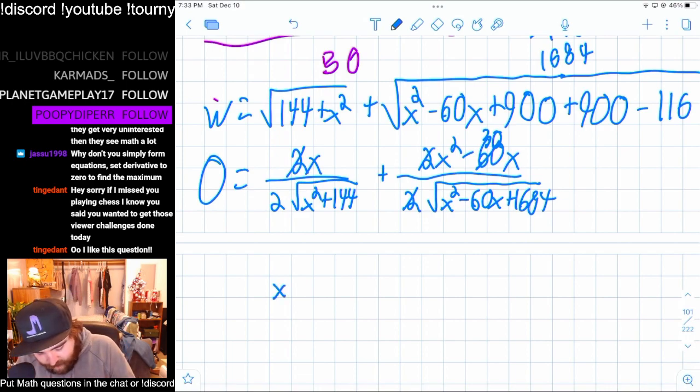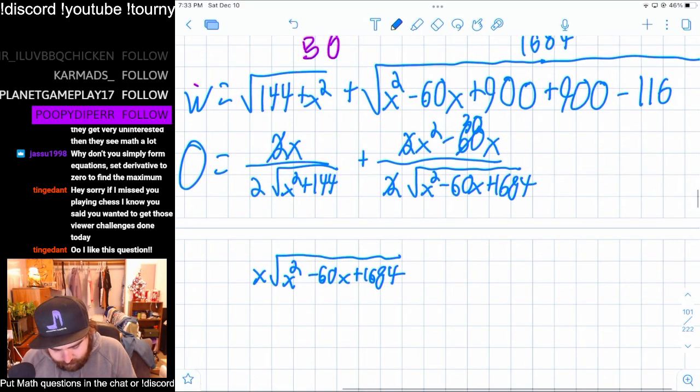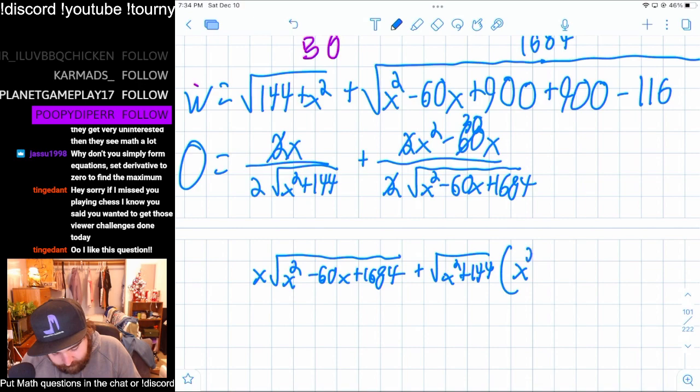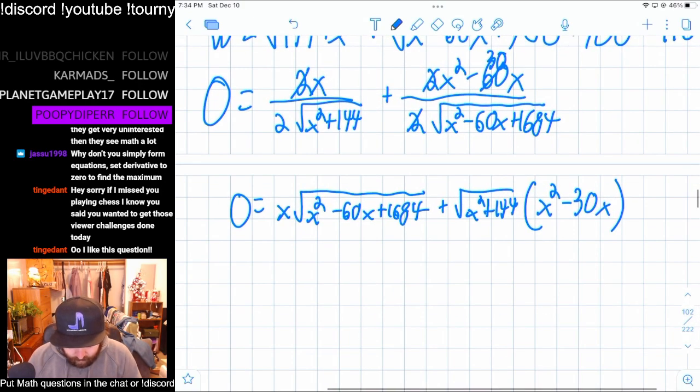So I'm going to have x times the square root of x squared minus 60x plus 1684, plus the square root of x squared plus 144 times x squared minus 30x equals 0? No way.